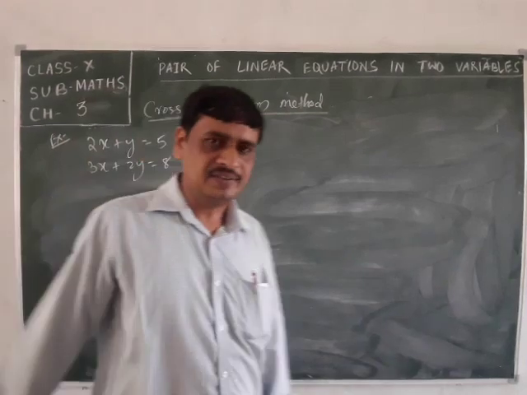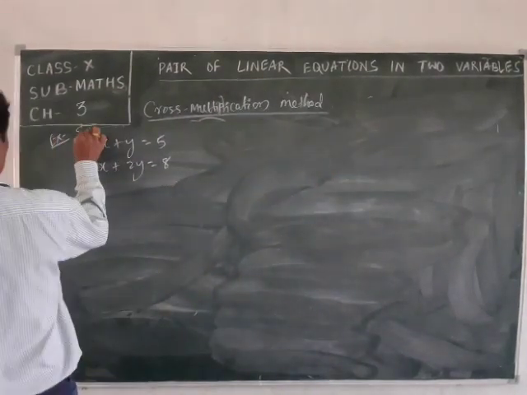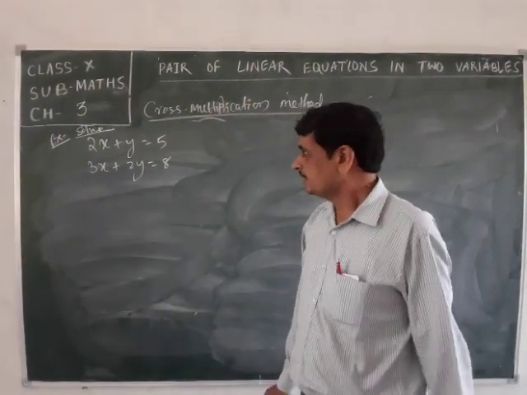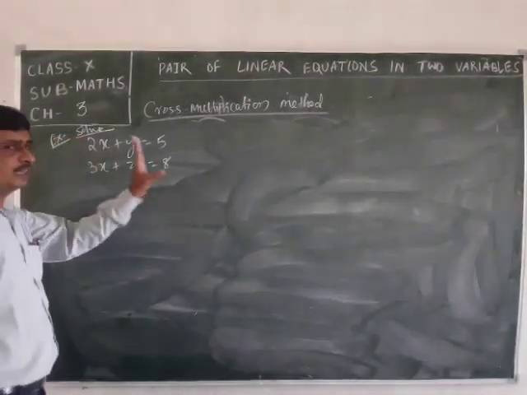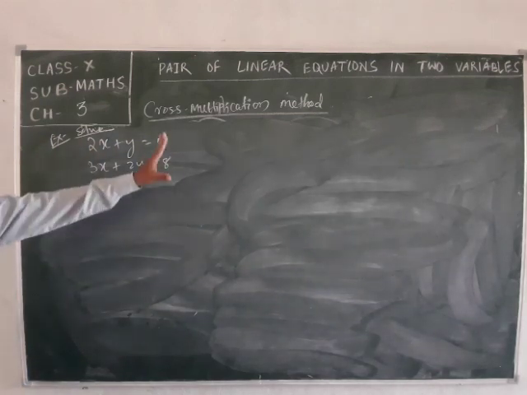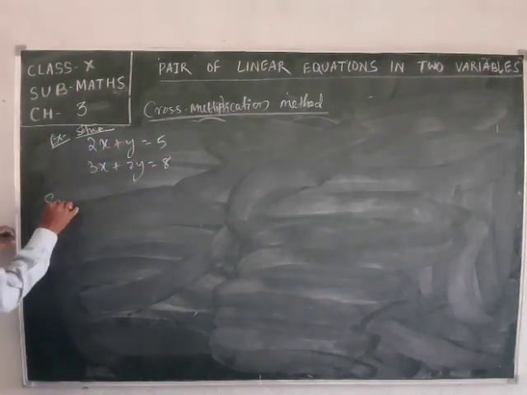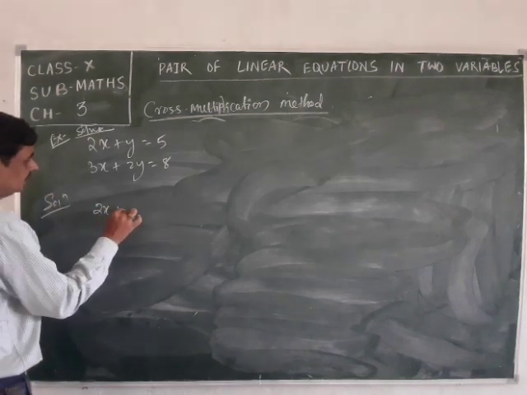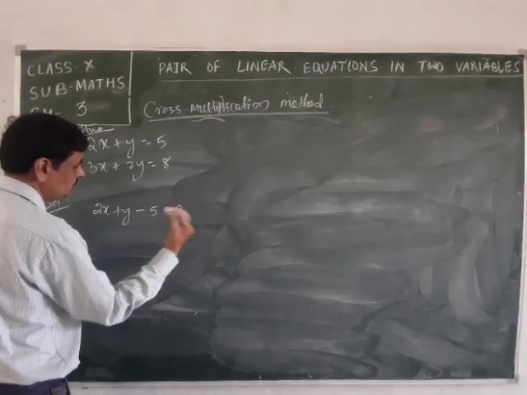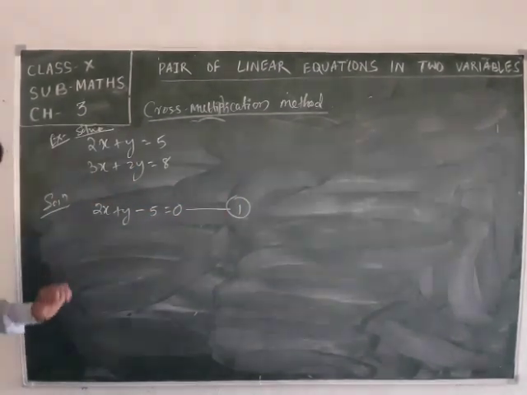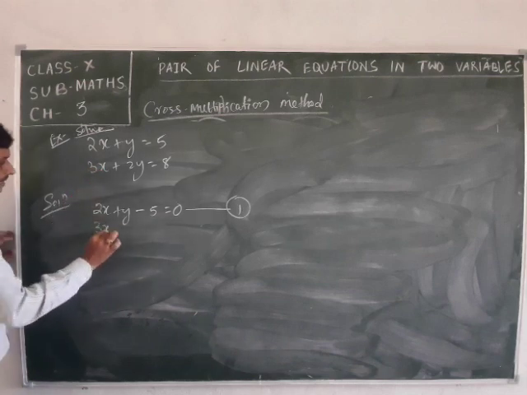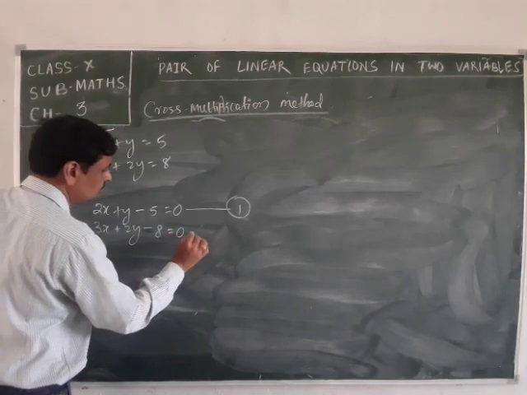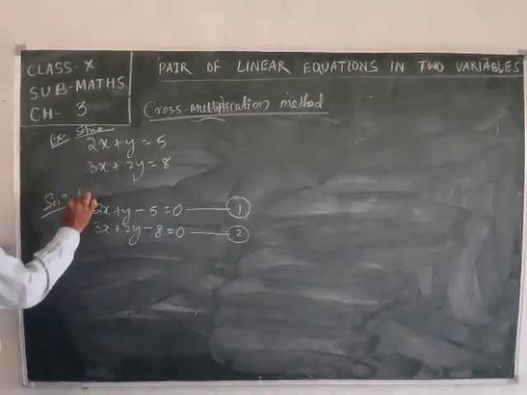Two equations are given and we have to solve them by the cross multiplication method. First, we have to write the equations in the proper form: 2x + y − 5 = 0, which is equation 1, and 3x + 2y − 8 = 0, which is equation 2.